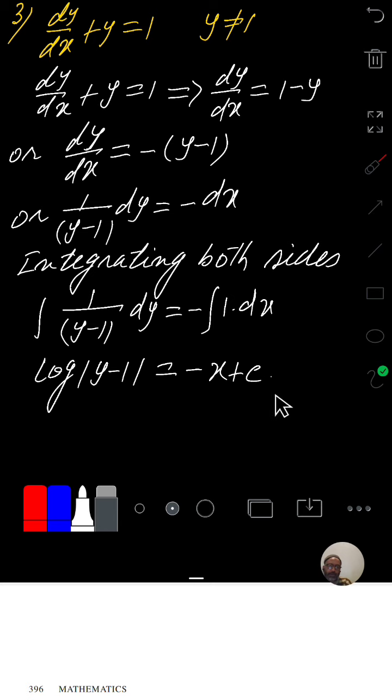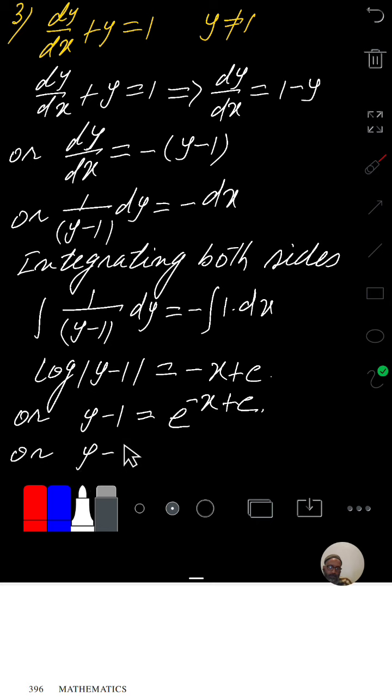This may be written as a solution of the given differential equation, or this may also be written as y minus 1 is equal to e raised to the power minus x plus c.